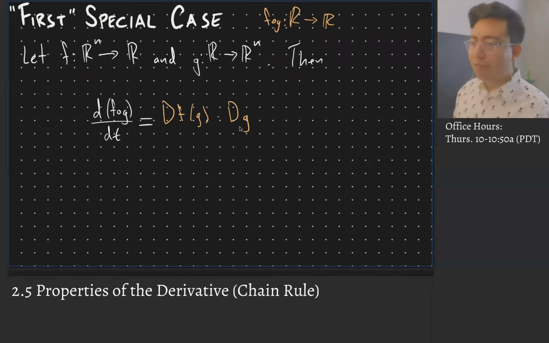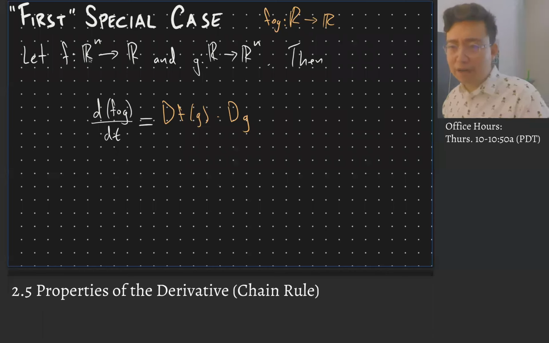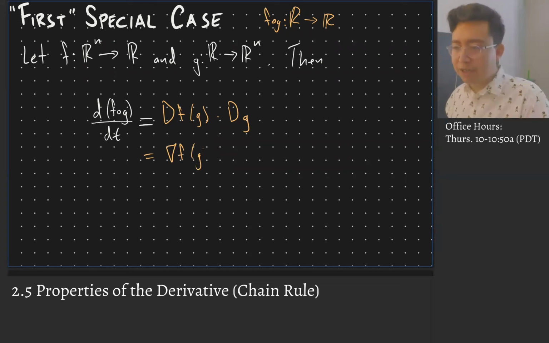But then something even more interesting happens. You can think of this instead of as matrix multiplication. F is a scalar valued function of multiple variables, so df is actually just the gradient of f, still with G plugged in.